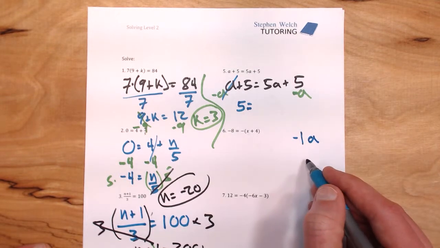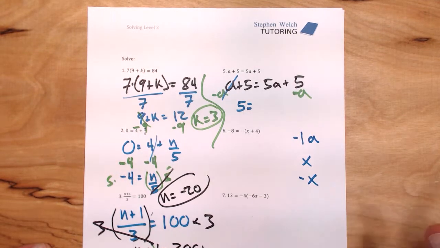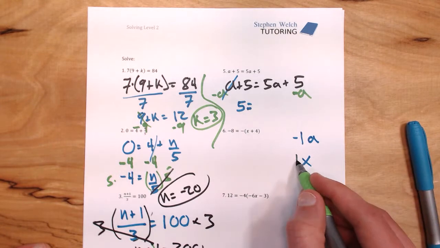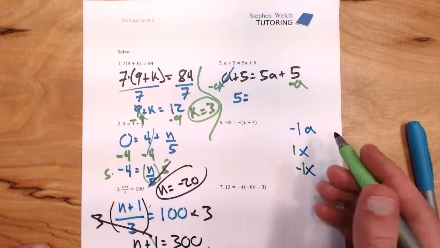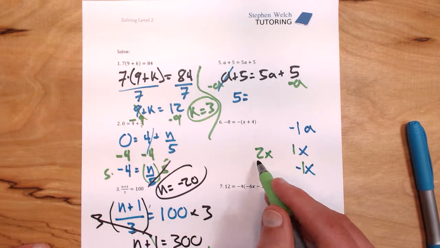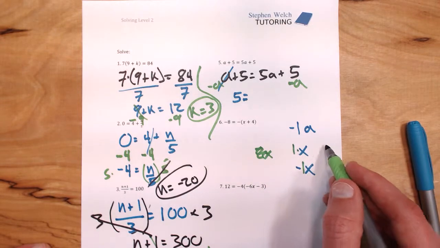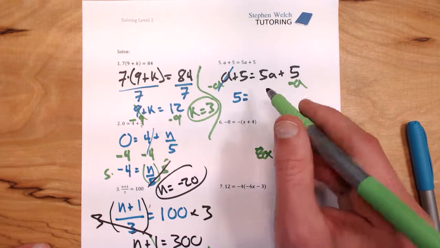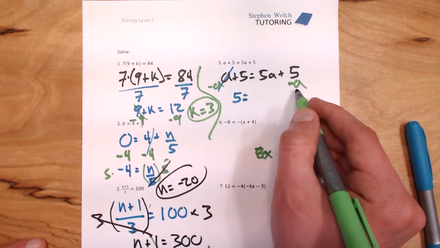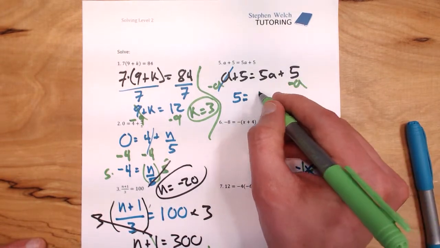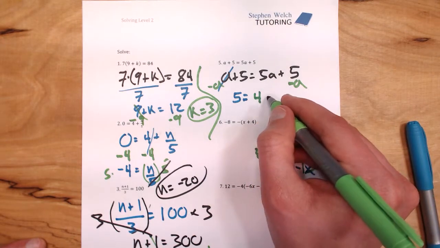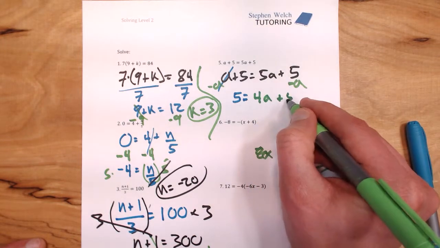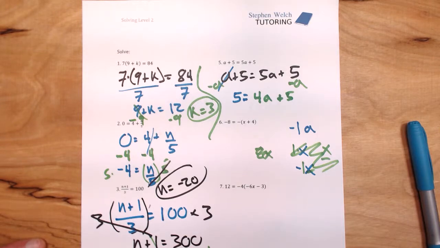If you ever see a variable like x or minus x, there's really an imaginary 1 in front of it. So I could write 2x, that's pretty easy. And if I just write x, what I really mean is 1x. So anyway, my point here is that I have 5a minus a, which is 4a, because 5 minus 1 is 4, plus 5. Okay, we're almost there.